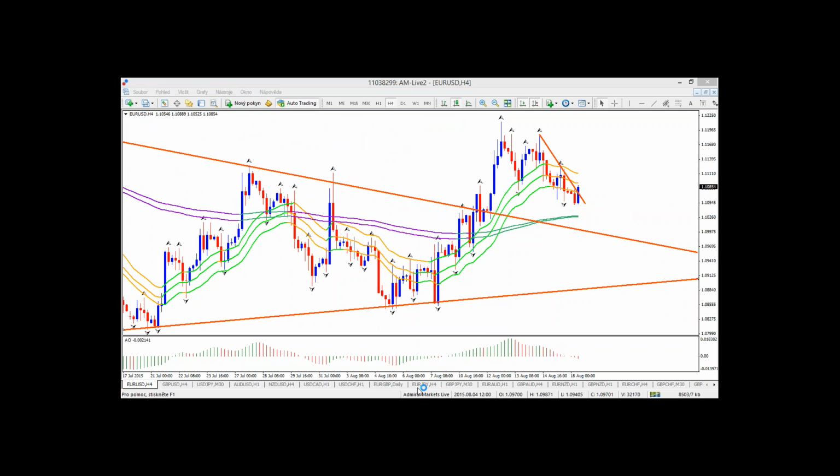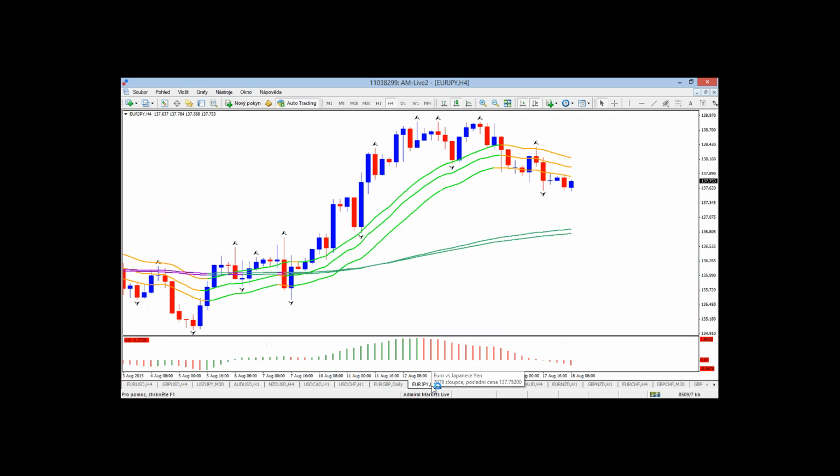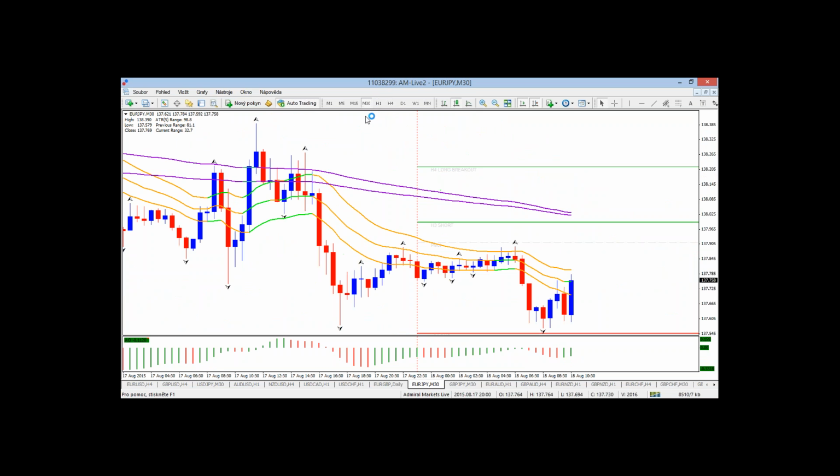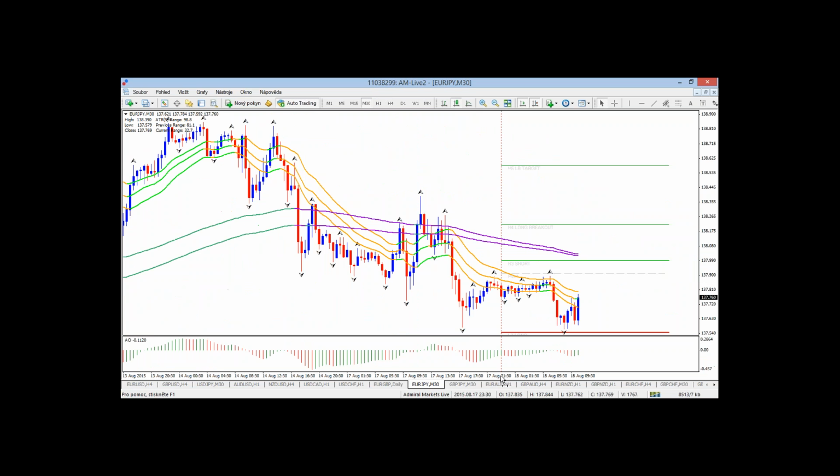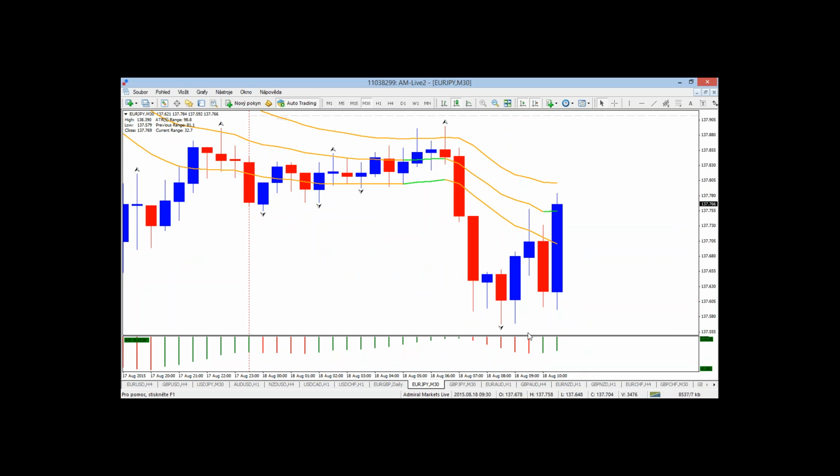Let's take a look at the euro yen. 1, 2, 3.